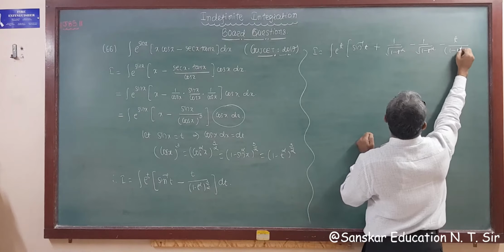And the integration of this is sin raised to 10x upon 10. The integration of this same is this. This is the answer, right? And dx, and plus the integration of cos 10x into sin raised to 10x dx.